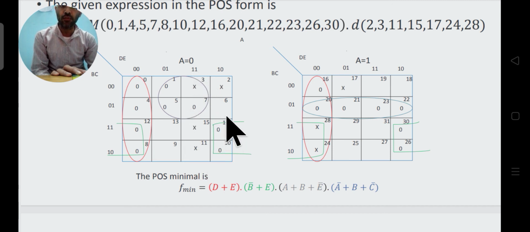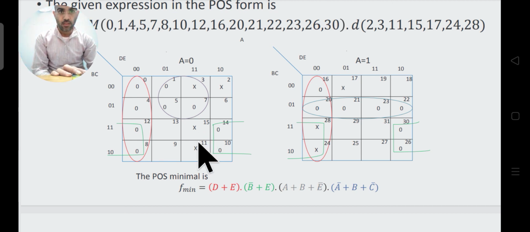So we won't form any new group. We won't use the don't care unnecessarily. Don't care terms should only be used if at least one term in the group is a max term or min term.